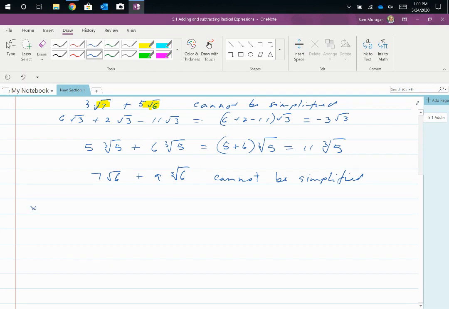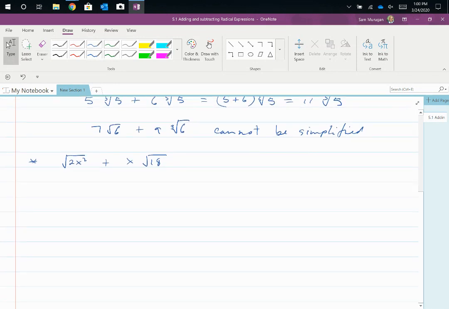Examples. So square root of 2x squared plus x square root of 18. So first we need to simplify these radicals.